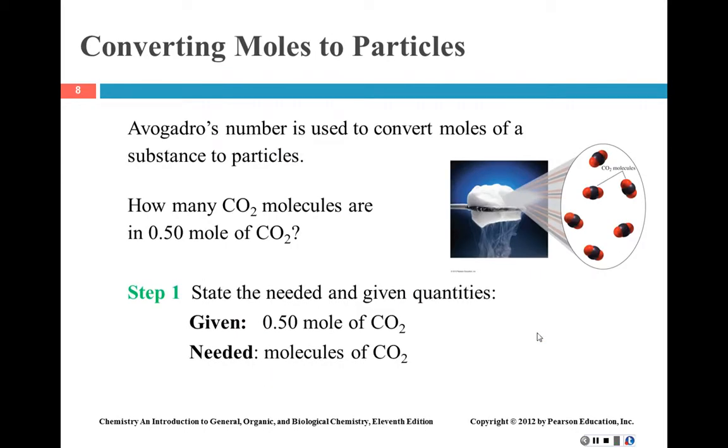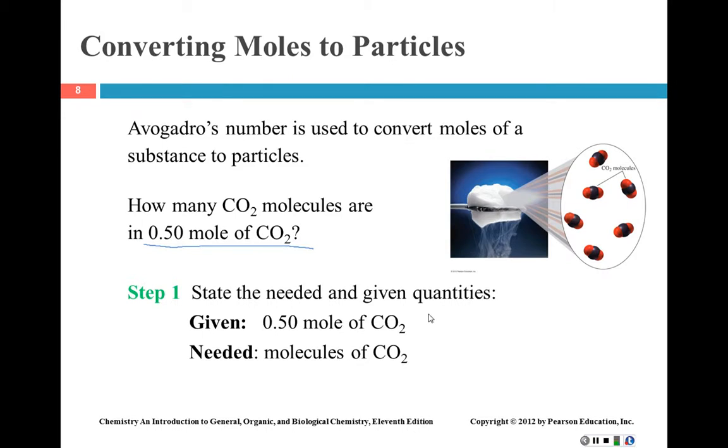In this particular example, it asks how many CO2, carbon dioxide molecules, are in 0.5 moles of CO2. Well, we know that there are 6.02 times 10 to the 23rd molecules in 1 mole of CO2. So how many would be in a half a mole of CO2?